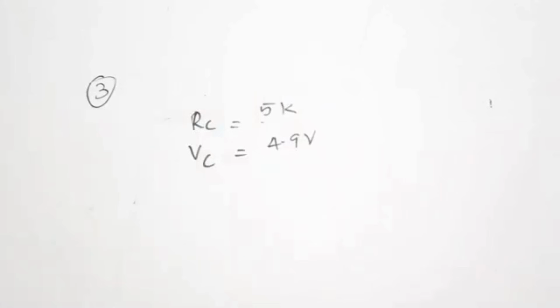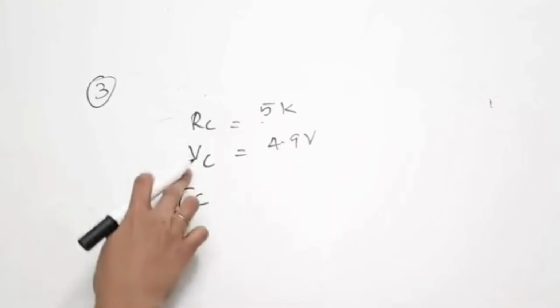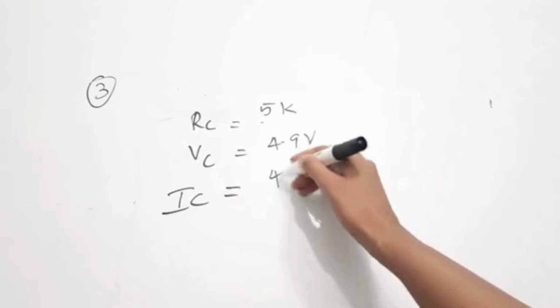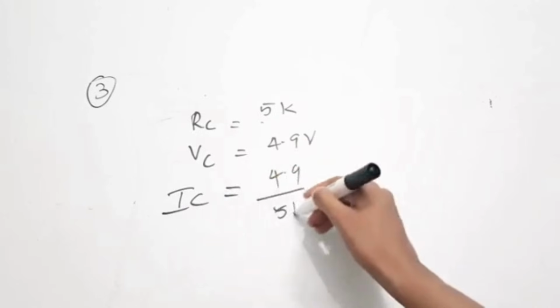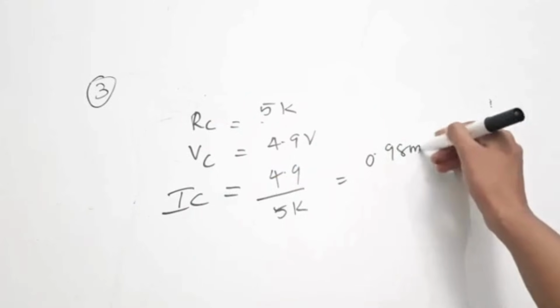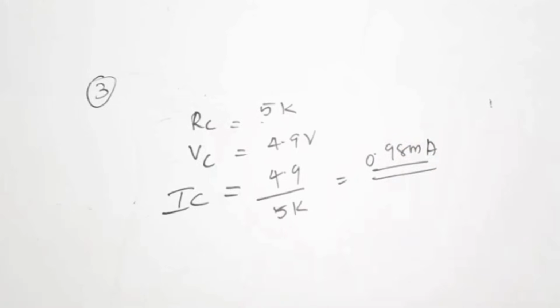Now we need to find the collector current. If you have the voltage and resistance, directly you can substitute and find the value of collector current, which is 4.9 by 5K. So we'll get 0.98 milliamperes. Milli, because there is a K in the denominator.